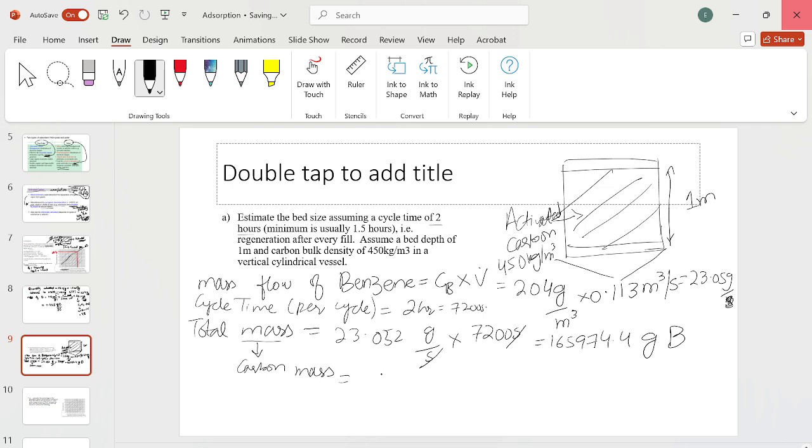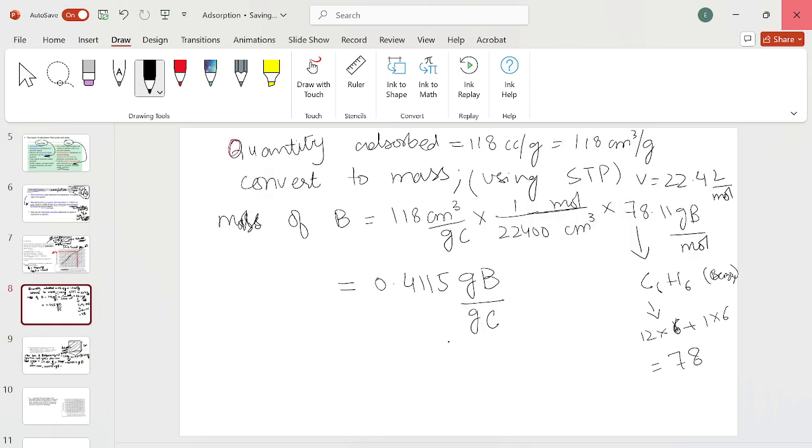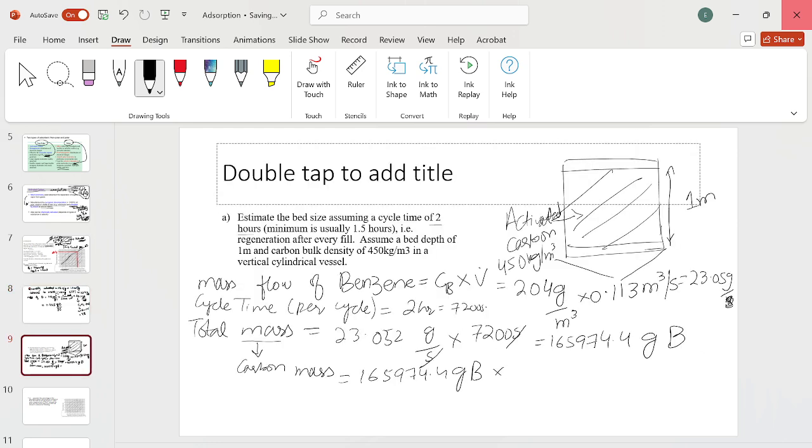What we will do is use the values from part A. Because how much benzene was adsorbed per gram of carbon? So we will use that relation. And we are getting a value of 9.98 gram carbon.